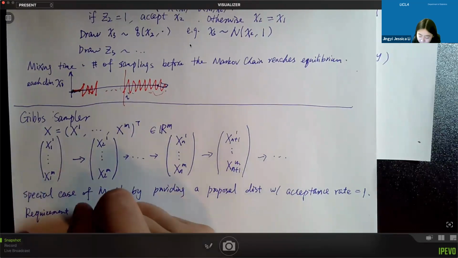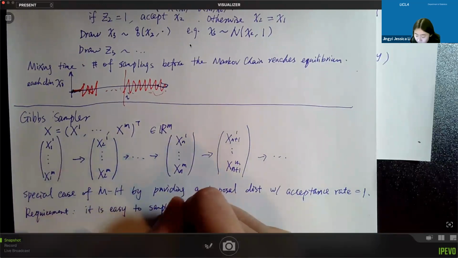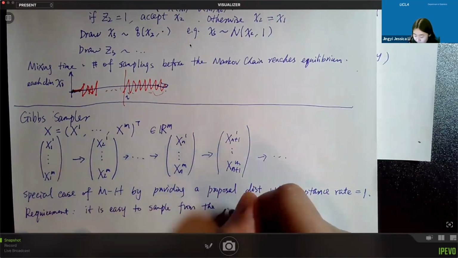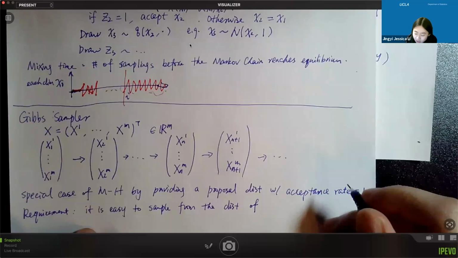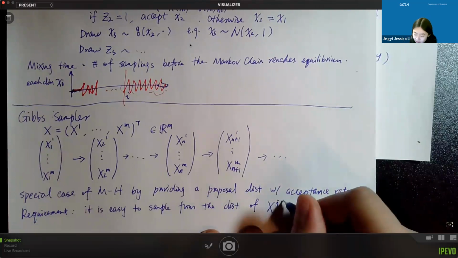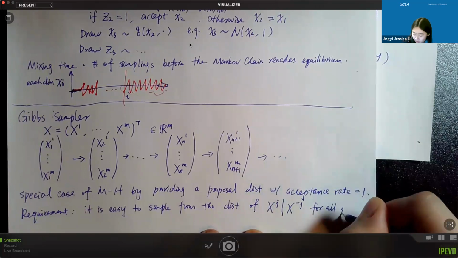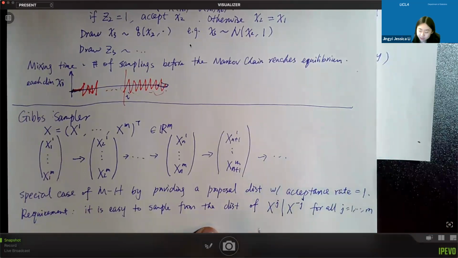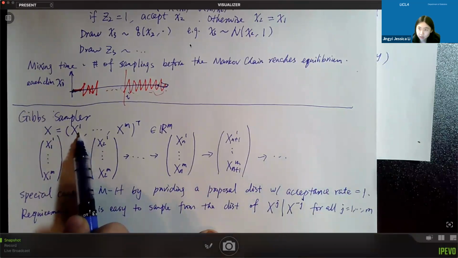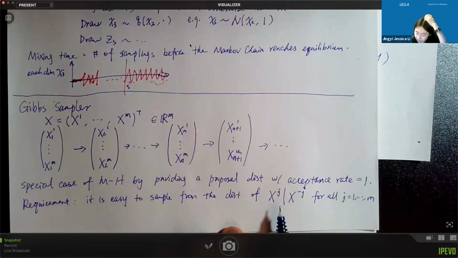Okay, so it is easy to sample from the distribution of, I call that xj, given all the other dimensions, and I call that x minus j, for all j that goes from 1 to m. That means for every dimension in my random vector, if I know its conditional distribution given the other dimensions, if that distribution is easy to sample from, then I will just do that. So this is what I need for Gibbs Sampler.